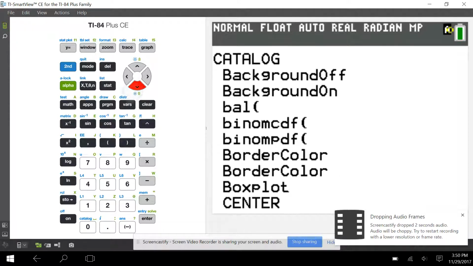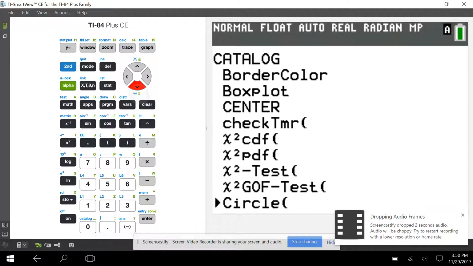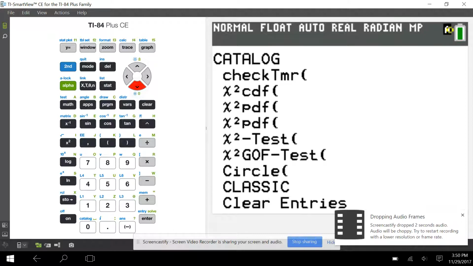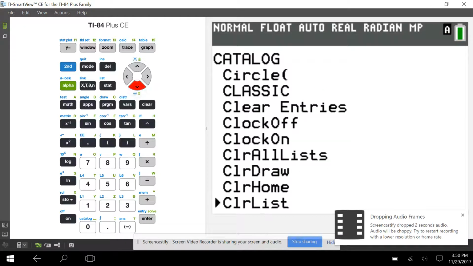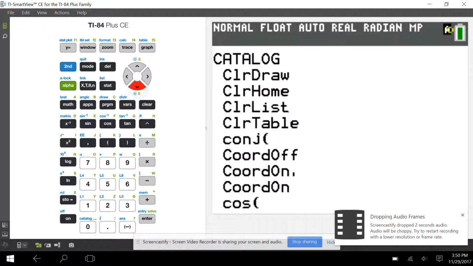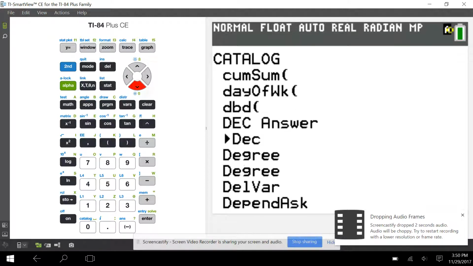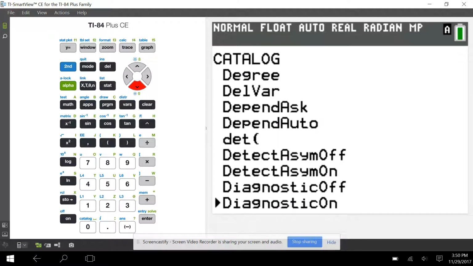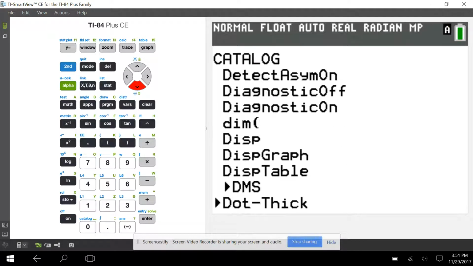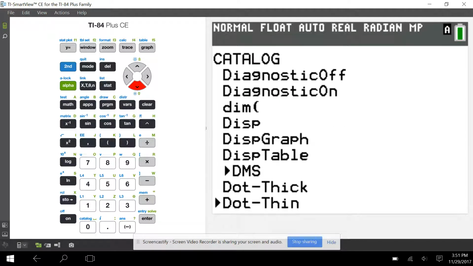It's going to take you not as long as it's taking me. All the way down to D. Okay, diagnostic on. So click on diagnostic on.